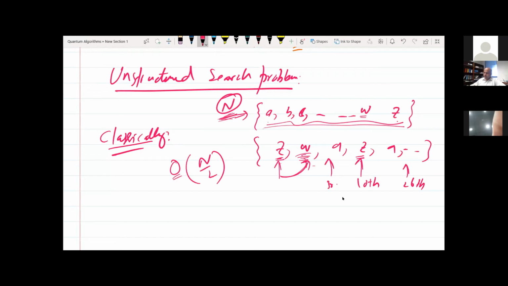So classically, there's no algorithm known to search through it faster than n by 2, unless there's some structure to this database. But that's not something that we are considering. We are starting with an unstructured database. And let's see if we can work out a quantum algorithm that can search through this a bit faster.